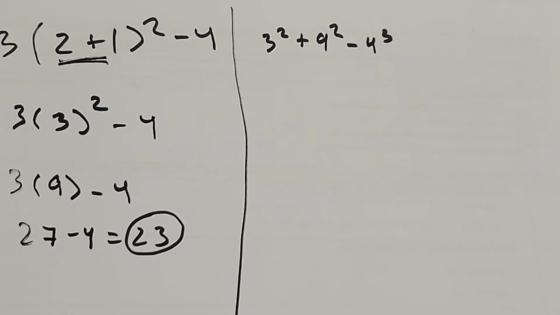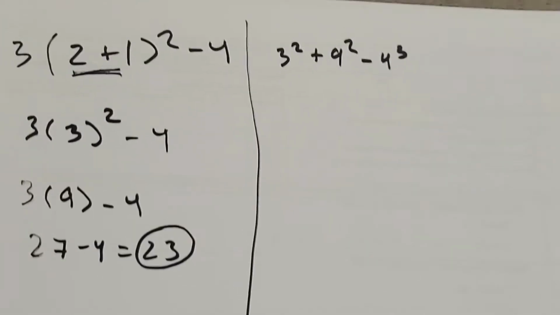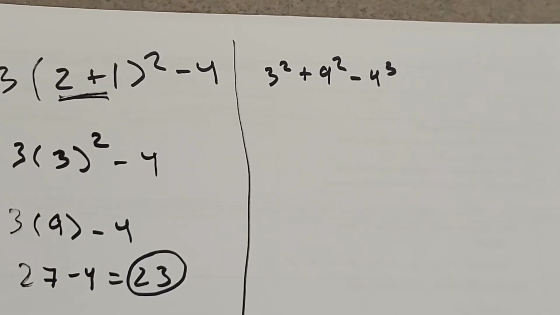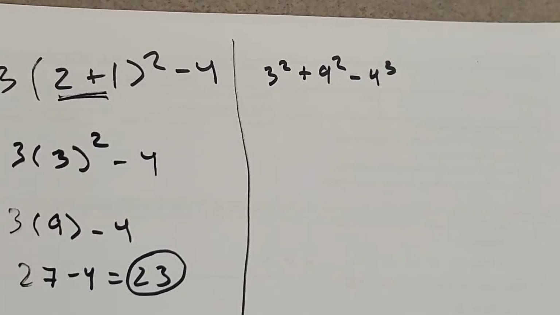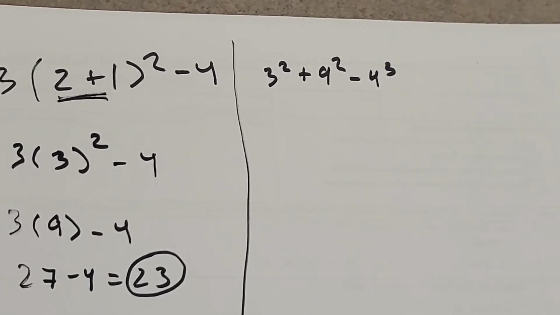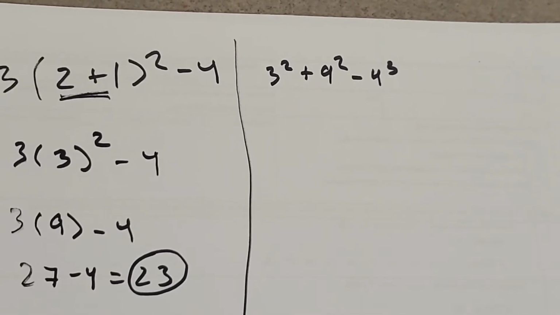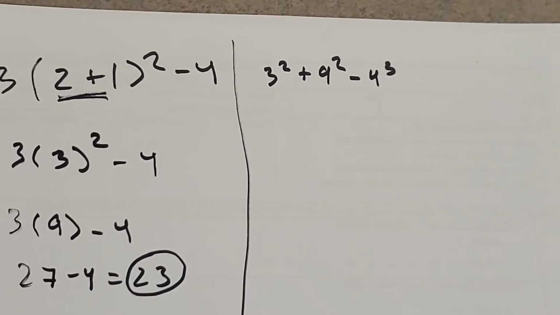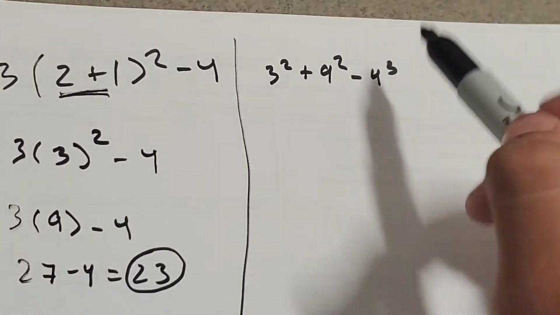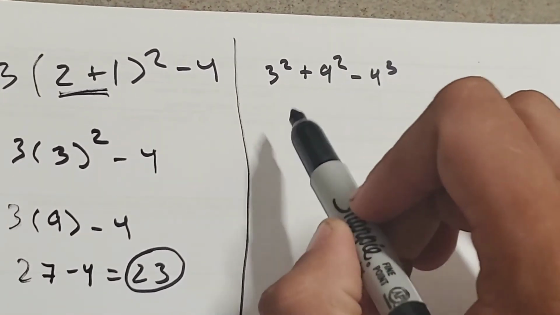That's not that hard. All you need to do is follow the same order. There are no grouping symbols. This is where people get confused, because they panic when they don't see any grouping symbols. If there are no grouping symbols, you move down to the next, which is exponents. So we do all the exponents left to right.